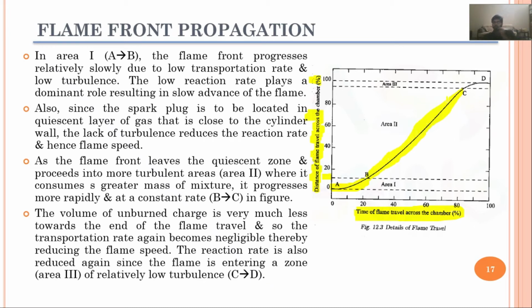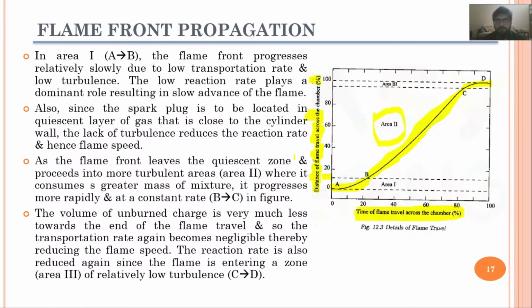And B to C is basically the second phase, and C to D is the third phase, which is of the afterburning. So again you can see that the flame has just covered only maybe around 5% of the combustion chamber, and so the major portion of the combustion chamber has been covered by the flame front in the second stage, which was of the flame front propagation.